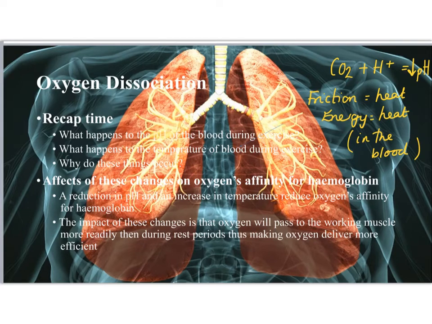A reduction in pH, so increased carbon dioxide in the blood, and that is produced by the muscle cell, and that diffuses because of the diffusion gradient across the membrane of the muscle cell and the capillary. So increased carbon dioxide in the blood reduces the pH.